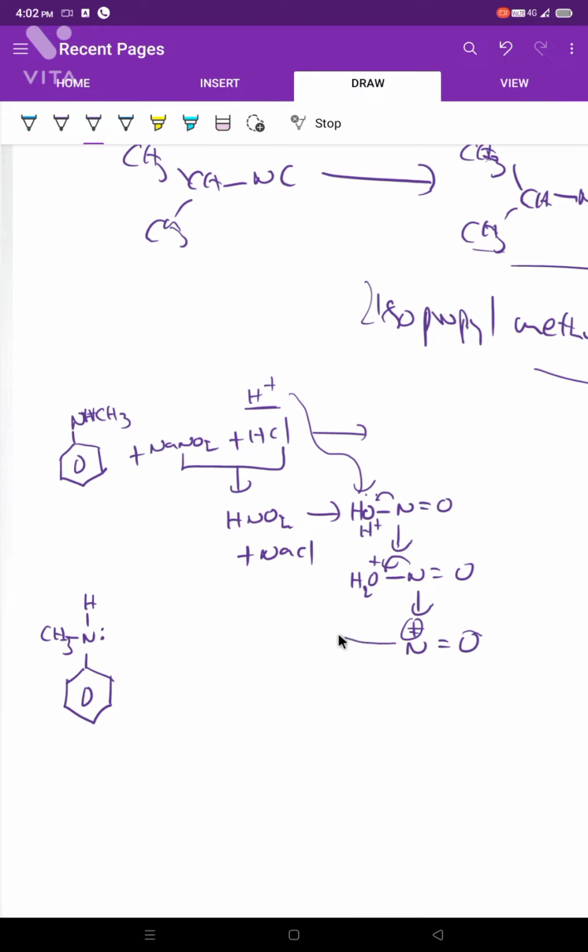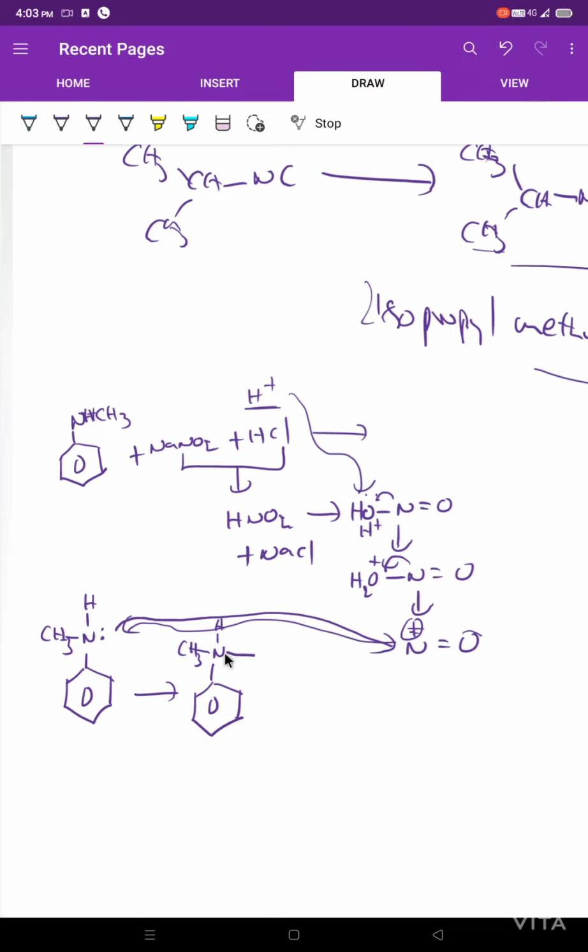Then this approaches here, and see what happens: on nitrogen, H is present and CH3. There is donation of electrons from this one to this one.